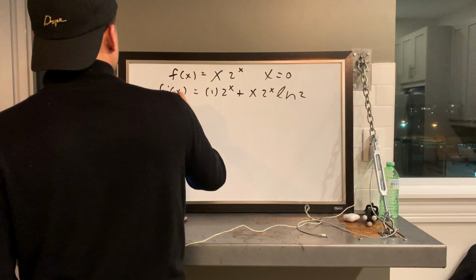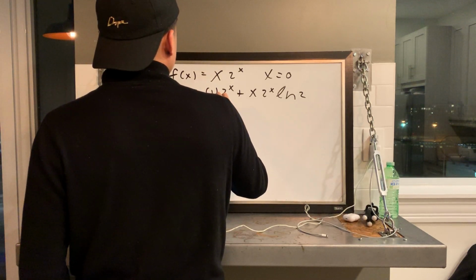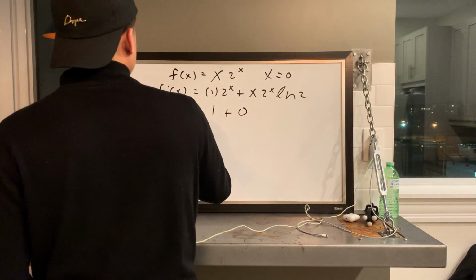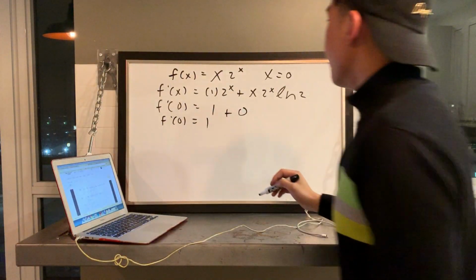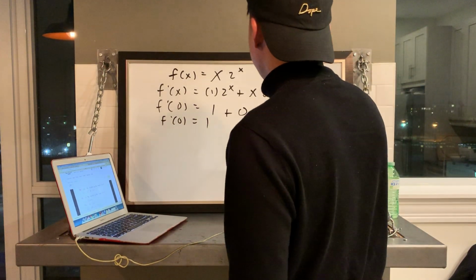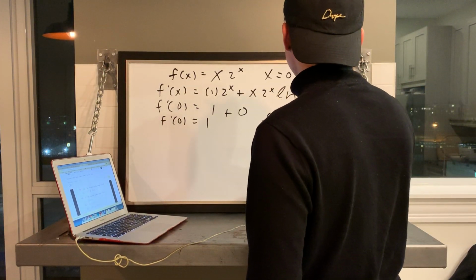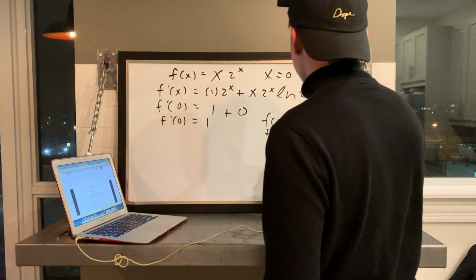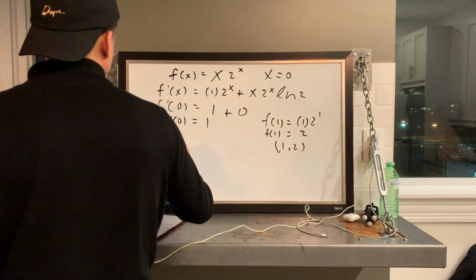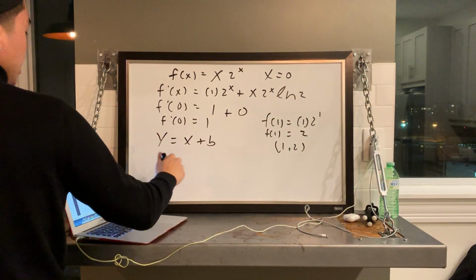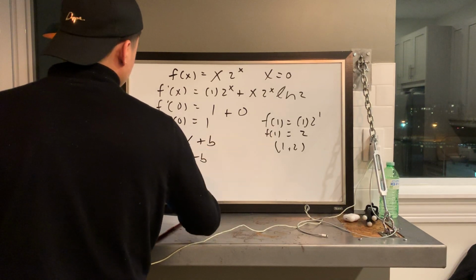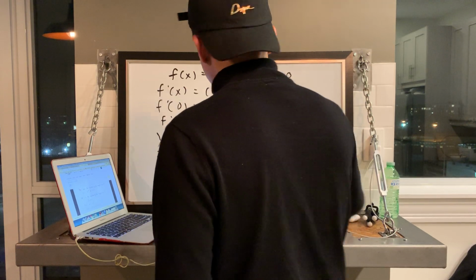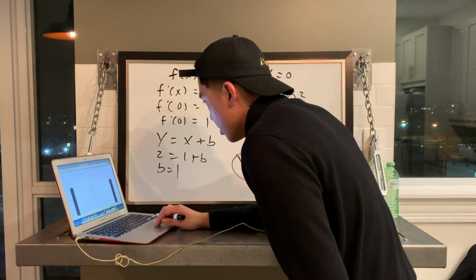So I go f prime of 0, which equals 1 plus 0, which is 1. But f at 1 is equal to 1 times 2 to the 1, which is 2. So the point is 1 comma 2, meaning that y equals x plus b. But I would go 2 equals 1 plus b, so b equals 1. So y equals x plus 1 as the equation.